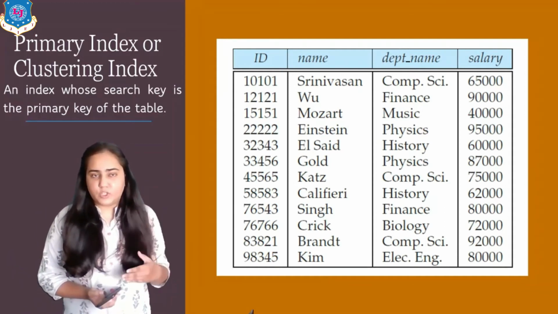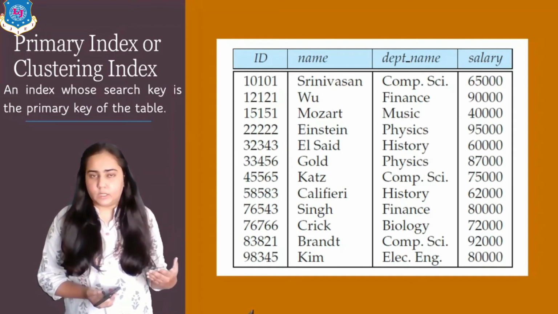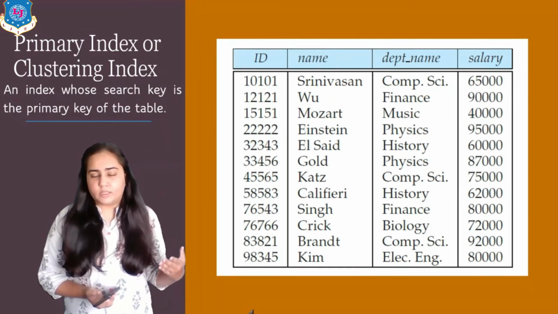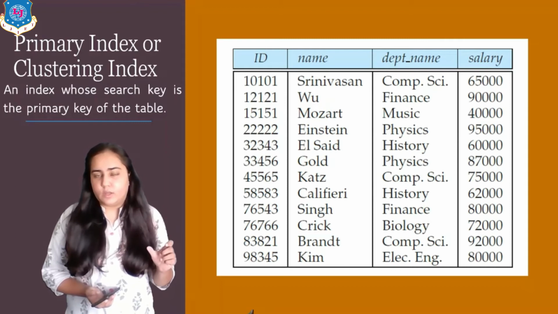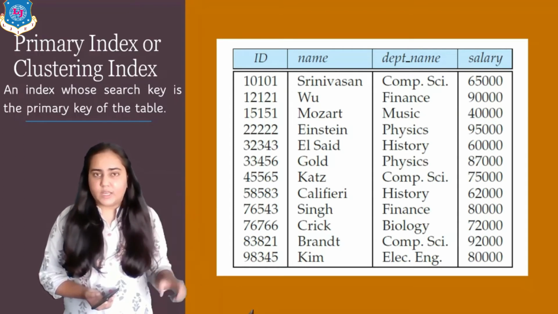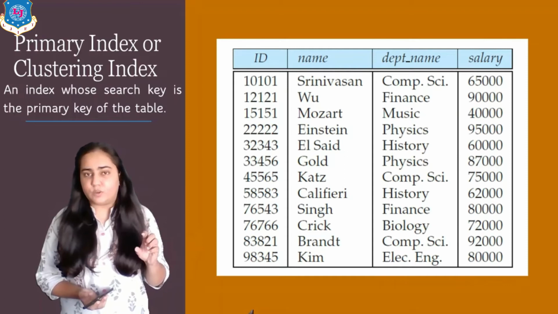So if the search key, in the sense the way the index is built, if that index is built on ID, that means with the ID, the address of that row is stored somewhere.